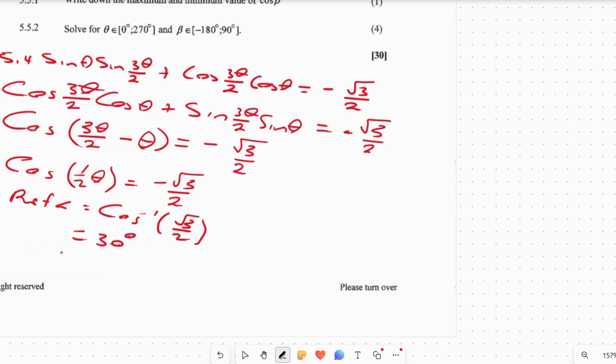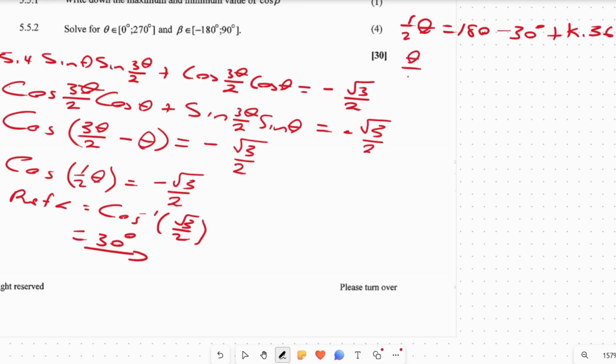Once I know my reference angle, I take my angle here, 1 over 2 theta. Where is cos negative? In the second quadrant and the third quadrant. The reduction formula for the second quadrant is 180 minus the reference angle, which is minus 30 degrees, plus k times 360 degrees.